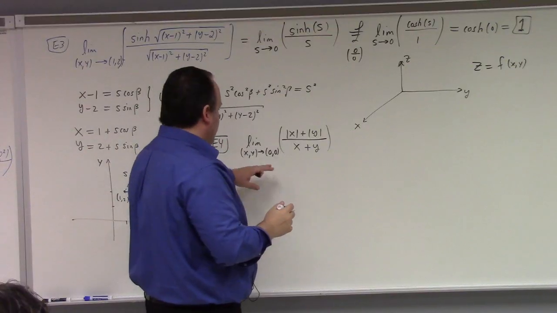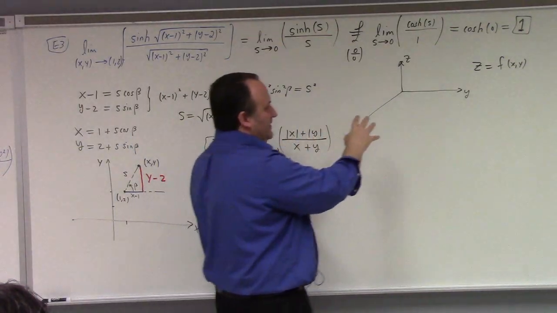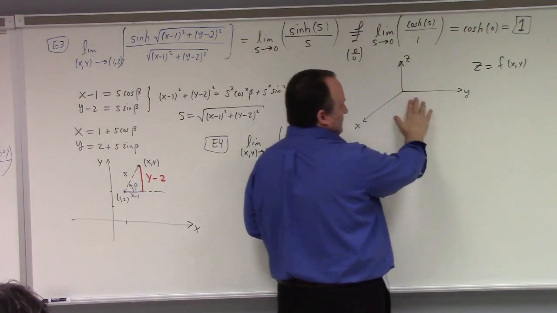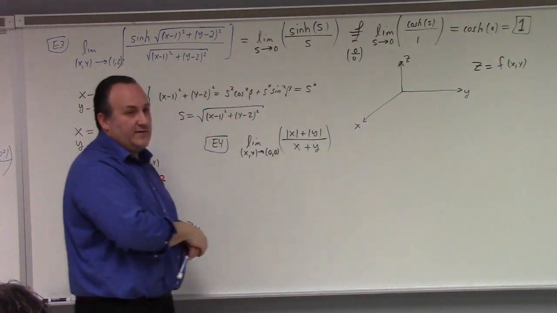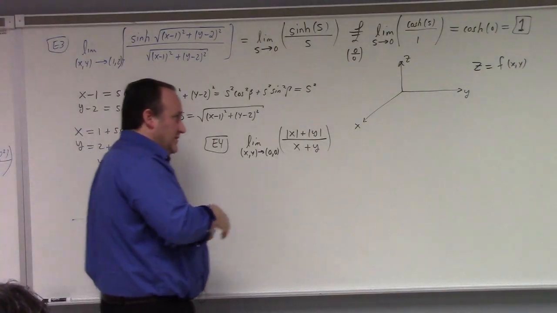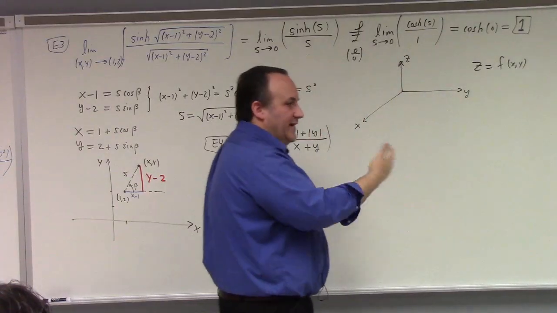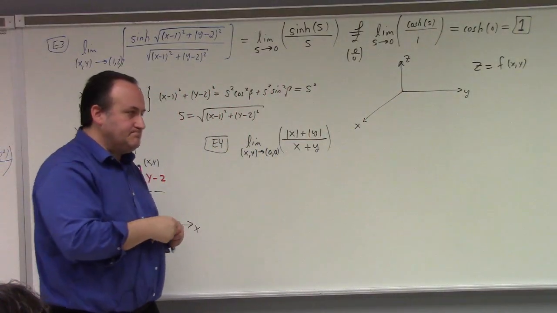We think of the xy plane as a place for the domain of a function of two variables. This is a slight abuse, right? Technically the domain of a function of two variables is a subset of R2, but we can identify R2 with the xy plane.